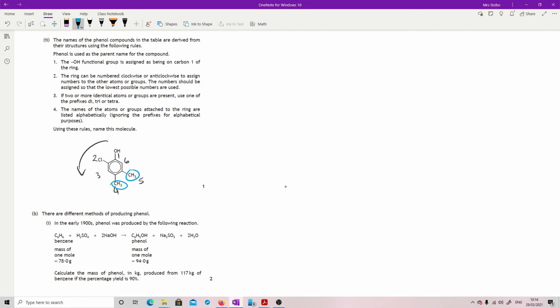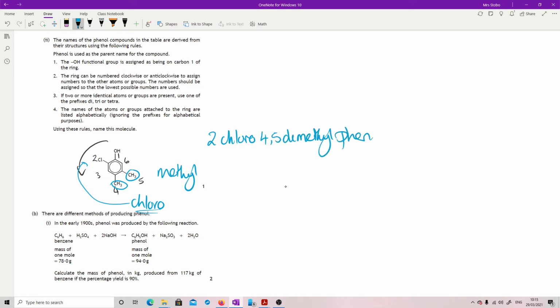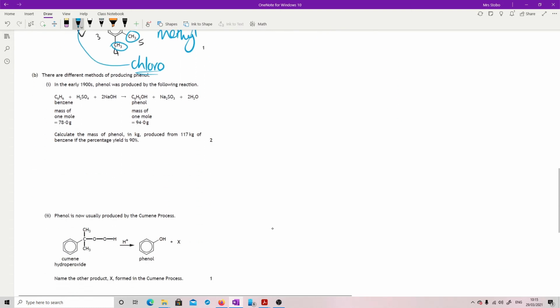We've got a chloro and methyl. The chloro is going to go first. So we've got 2-chloro-4,5-dimethylphenol.